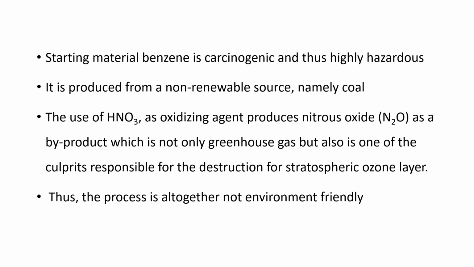Here, the starting material benzene is carcinogenic and thus highly hazardous. It is produced from a non-renewable source, namely coal. The use of nitric acid as oxidizing agent produces nitrous oxide as a byproduct, which is not only a greenhouse gas but also one of the culprits responsible for the destruction of the stratospheric ozone layer. Thus, the process is altogether not environment friendly.